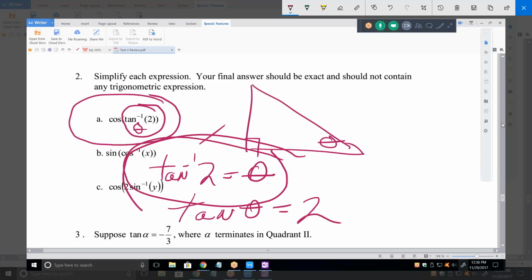That is by definition. If the tangent of theta equals 2, then the inverse tangent of 2 equals theta, right? I want to make sure you get that before we go on. Now, if I know the tangent of theta equals 2, help me dimension this triangle.